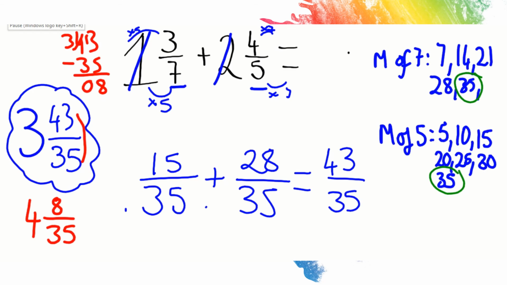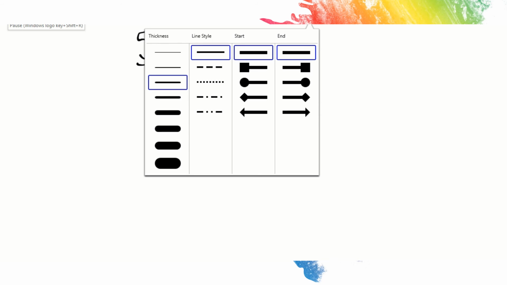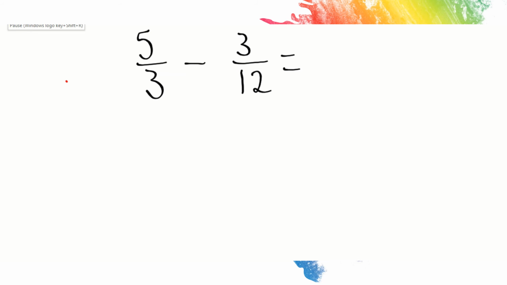Let's have a look at the subtraction. So again, the denominators are different, which is fine. So what I'm going to do, I'm going to find the multiples of 3.